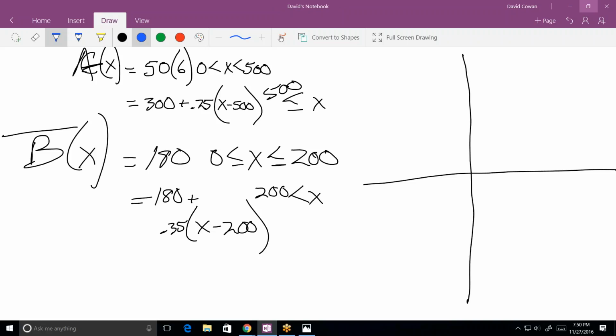Let's start by putting our key points. There's 200. There's 500. And this is the x axis, and this is the, we'll call the blue a of x.